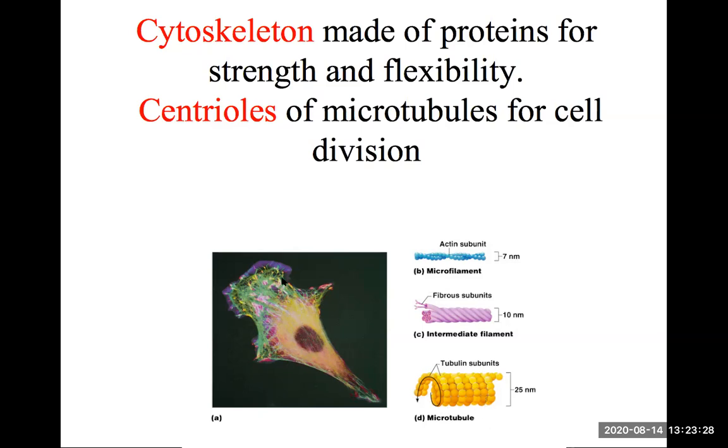But when you get over to this portion, you're going to see the microfilaments and the intermediate filaments. Okay, so throughout the cell, there's going to be multiple types of proteins making this system that gives strength and flexibility to the cell. So it really acts similar to a skeletal system does for you.